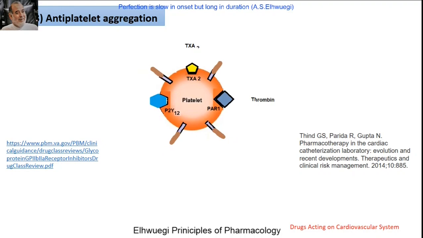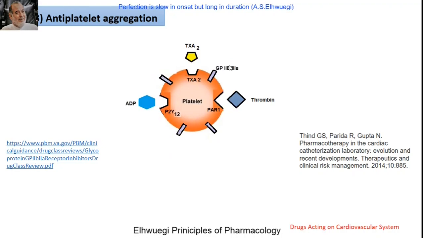Okay, so at the very beginning, the platelet is inactive. When it is inactive, the glycoprotein receptors are inactive. They cannot bind to any fibrinogen. But once different agonists bind to their receptors, they change the configuration of these glycoprotein receptors. They become available for binding with fibrinogen.